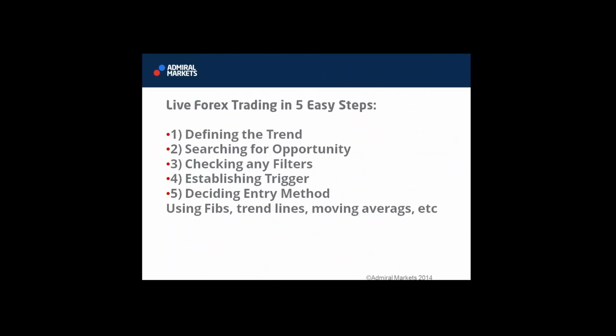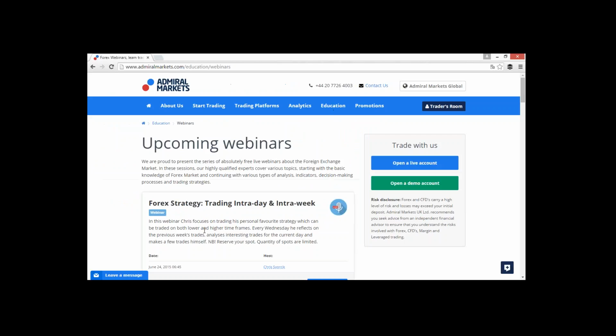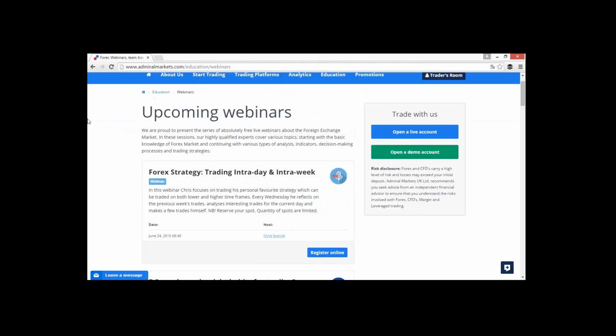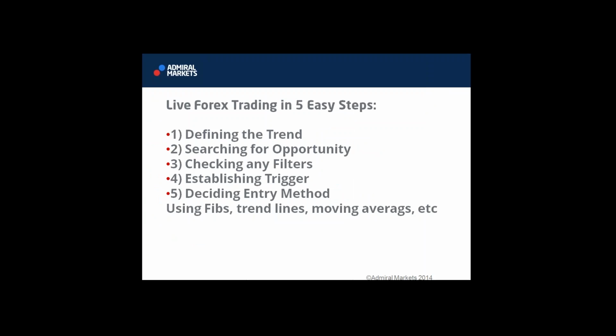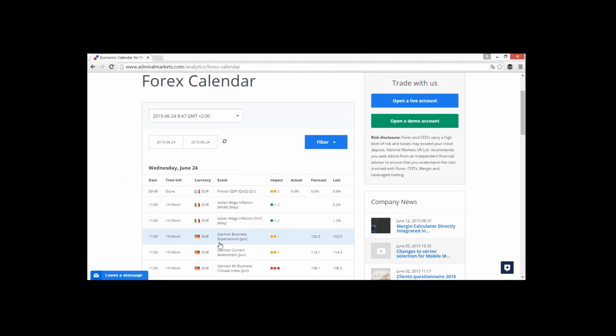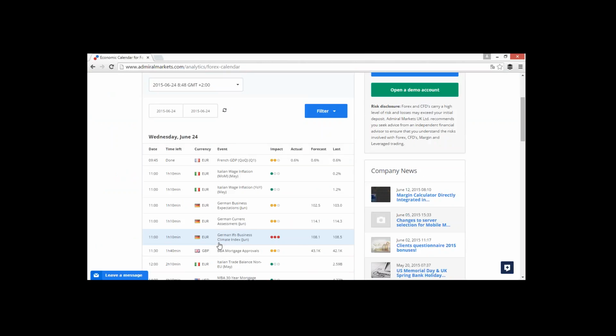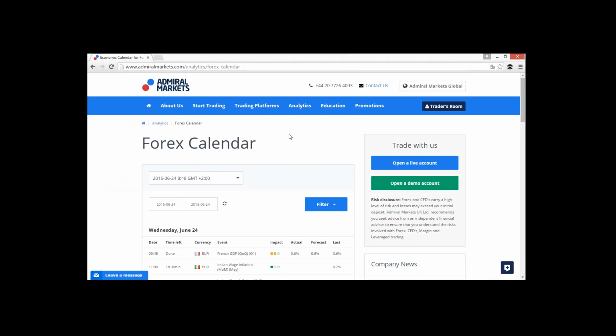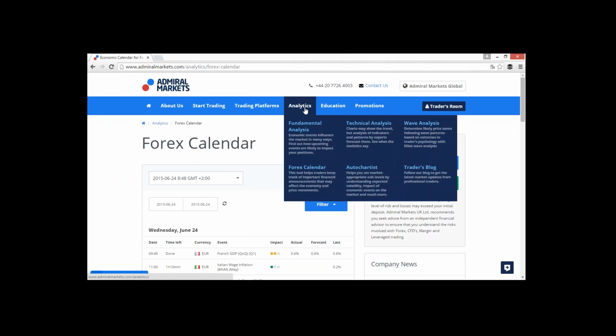So today's focus, as I said, is using the time factor to identify analysis and setups. The Forex calendar, this is all on the Admiral Markets website, by the way, where you can find information about analytics.